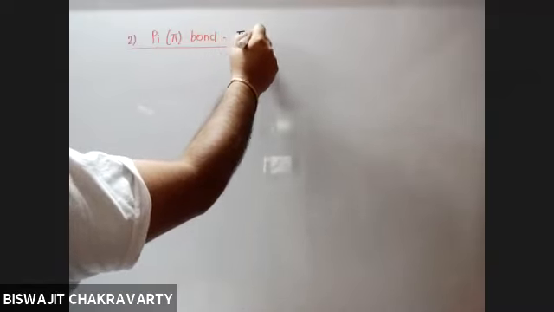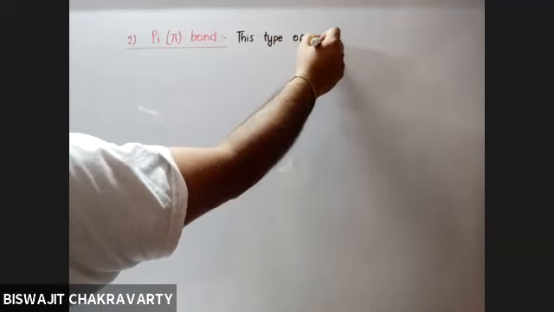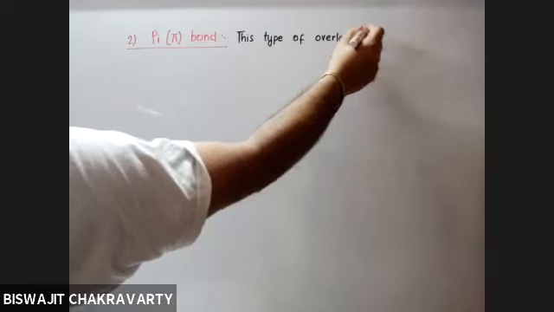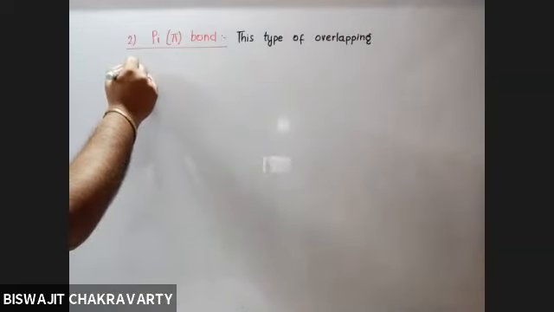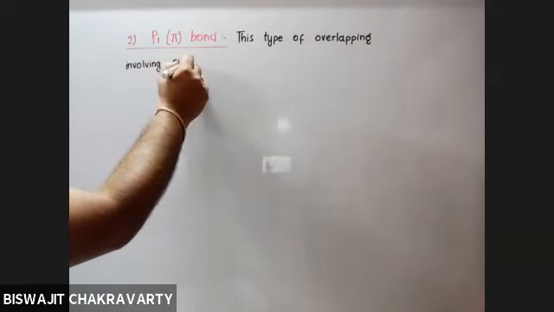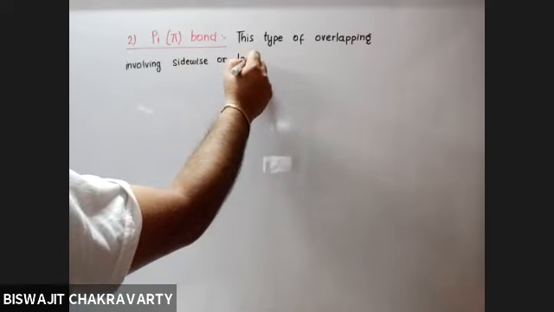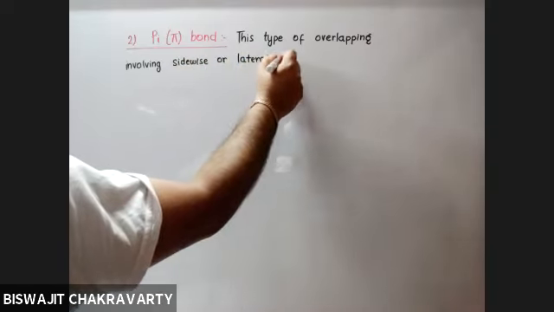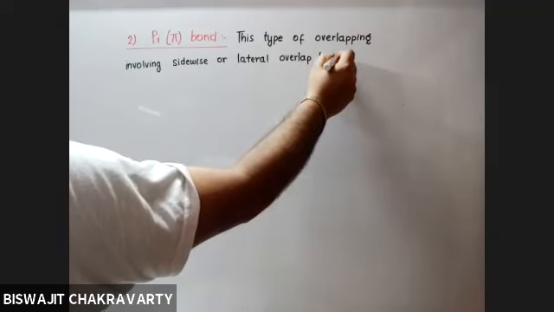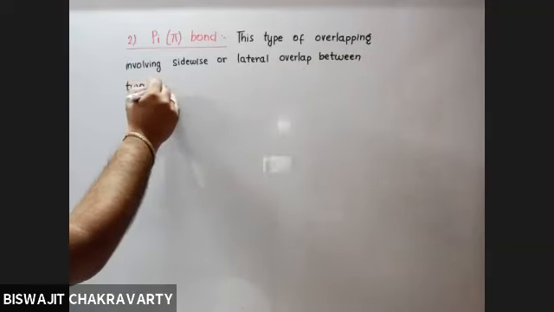This type of overlapping involves sidewise or lateral overlap between two p orbitals.